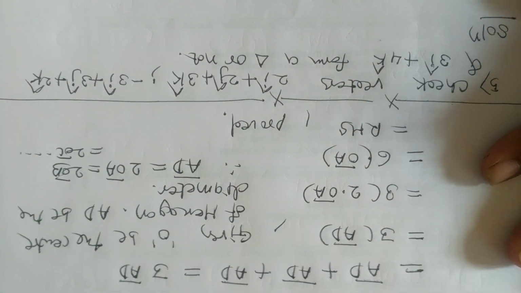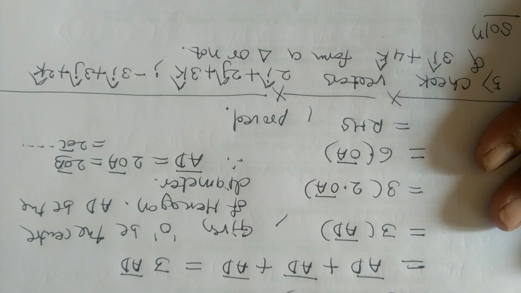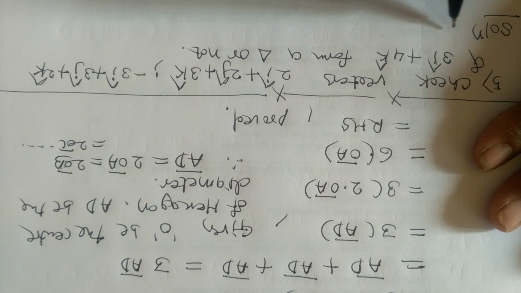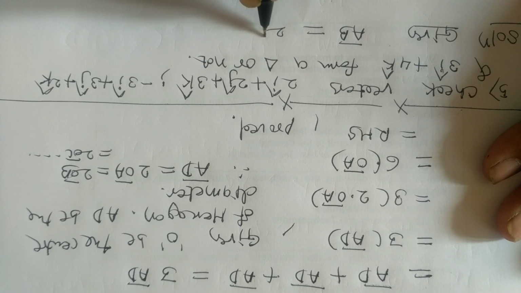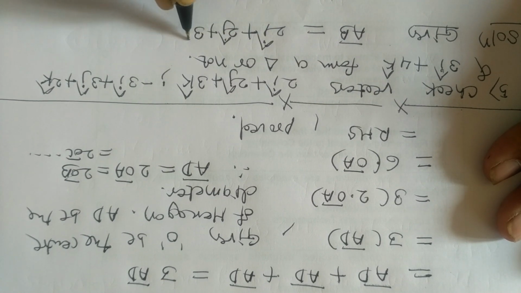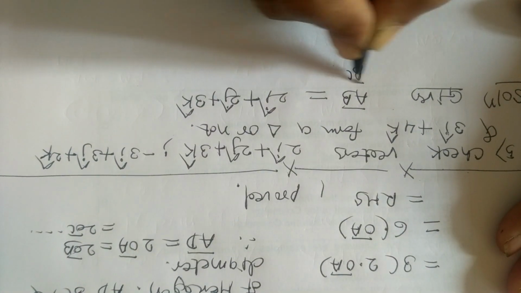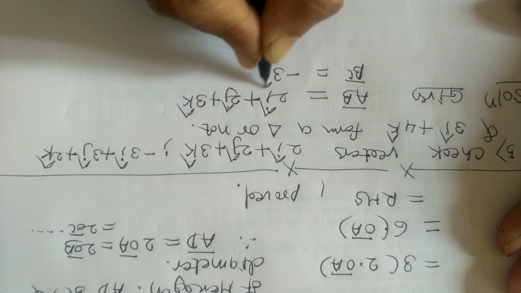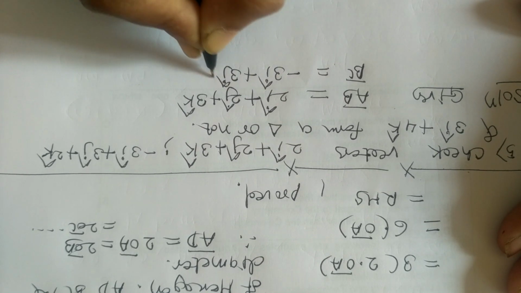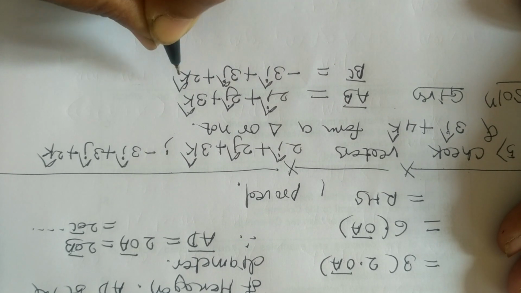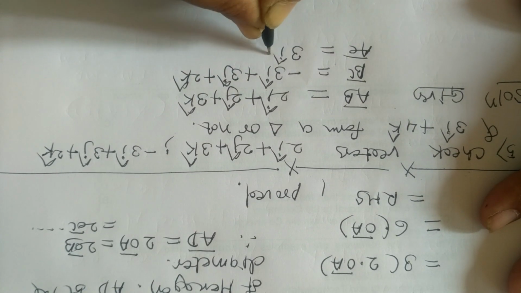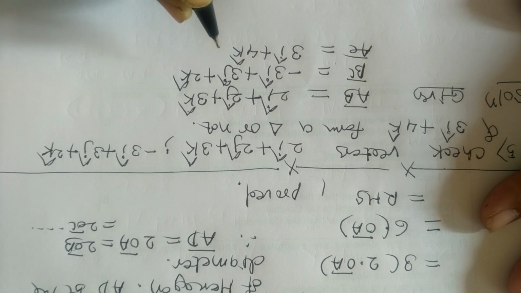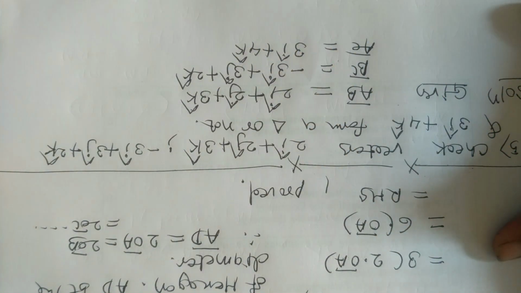Suppose we take the corresponding vectors as a bar, b bar, c bar, or we take names of sides. AB bar is equal to 2i cap plus 2j cap plus 3k cap. The next vector BC bar is minus 3i cap plus 3j cap plus 2k cap, and one more vector, suppose we take AC bar. We take the vectors in cyclic manner as they form the triangle.